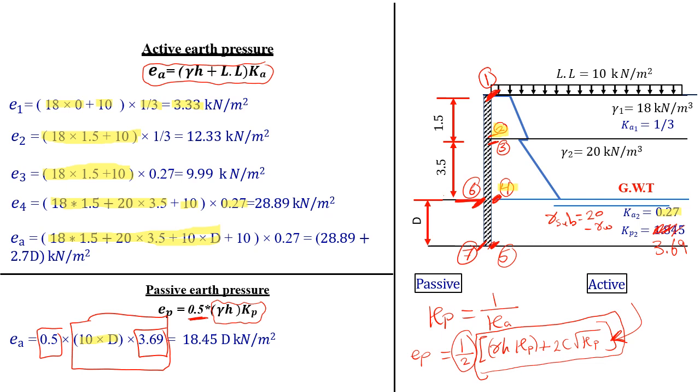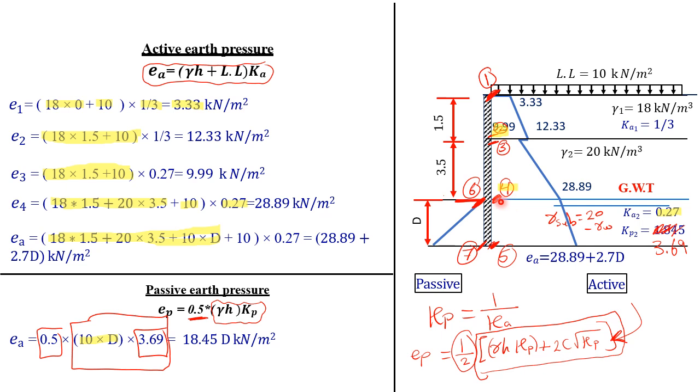If we plot the earth pressures on our drawing, look here please. The earth pressure at point 1 is 3.33, at point 2 is 12.33, but it drops to 9.99 at the same depth. Then it increases to 28.89 plus 2.7 D. How did I know that the slope of this line is not the same as the slope of this line?